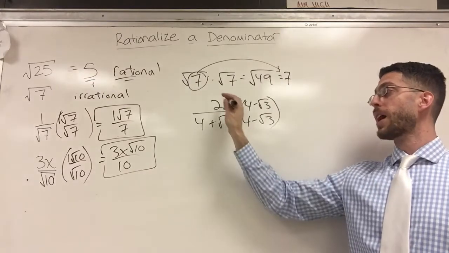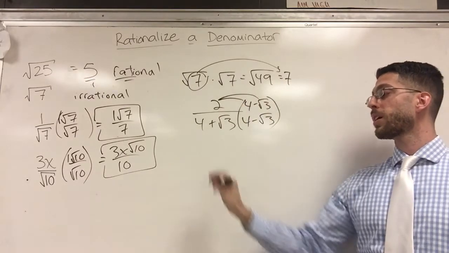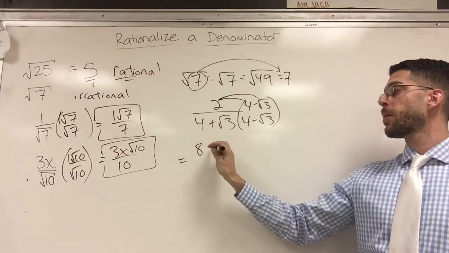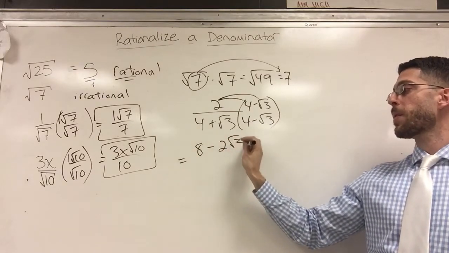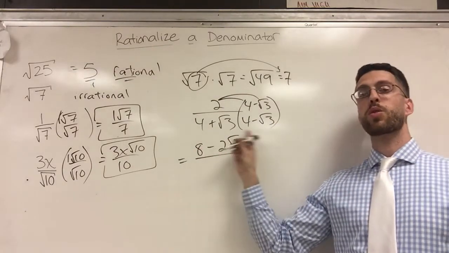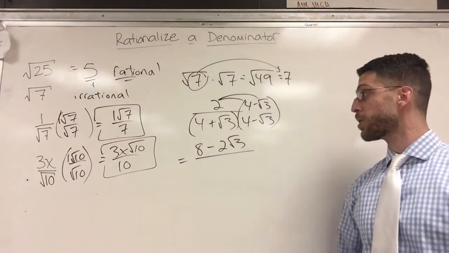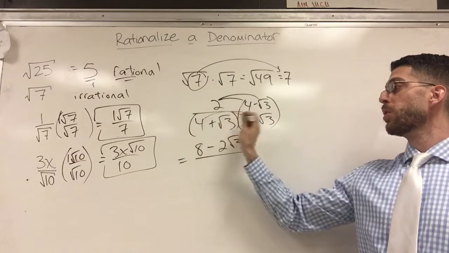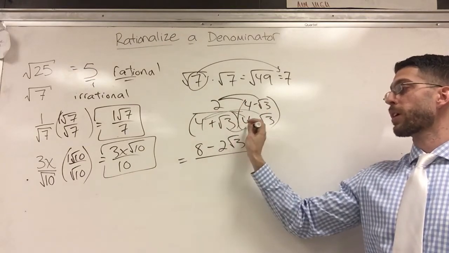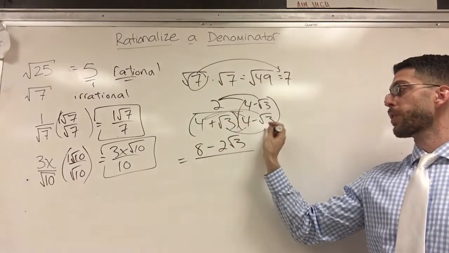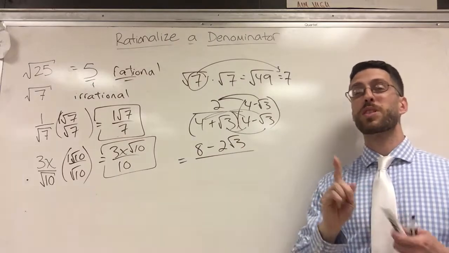Check this out. Top is easy, distributive property. That's 8 minus 2 radical 3 over, now we're going to do FOIL. If it helps you, I'll put that in parentheses. So I have to do 4 times 4, 4 radical 3, 4 radical 3 again, and then radical 3 here. Be careful with the signs.